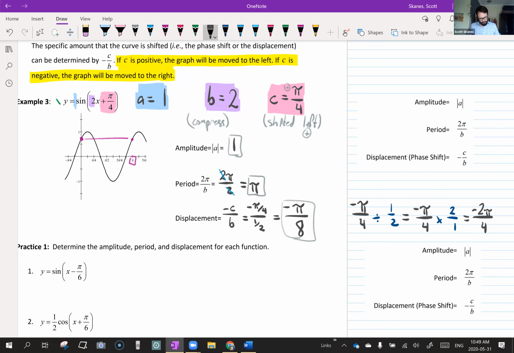Oh, B is 2. What am I even doing? Silly me. This is divided by 2. We did this before, but I don't mind showing it again. Okay. So that's why we have it.